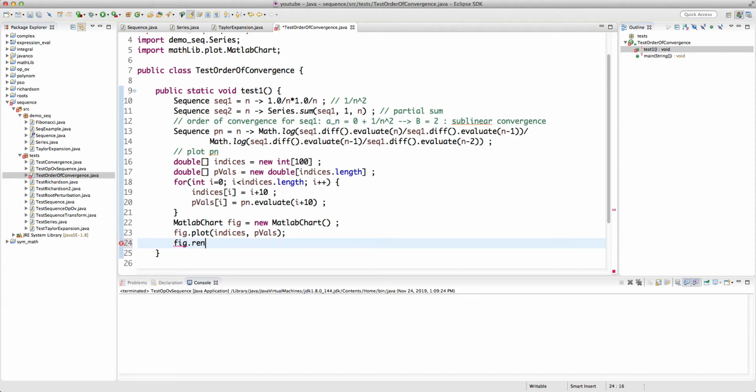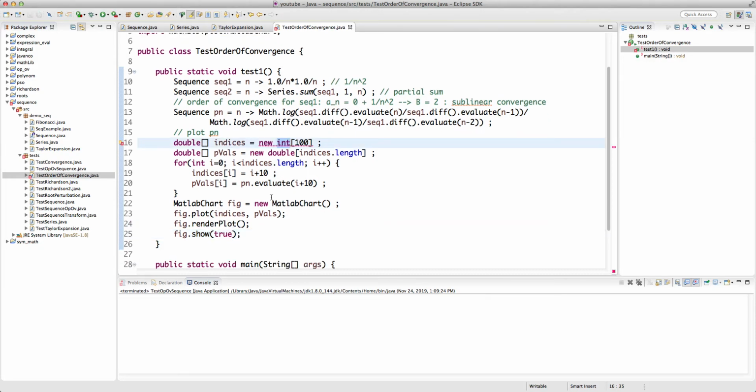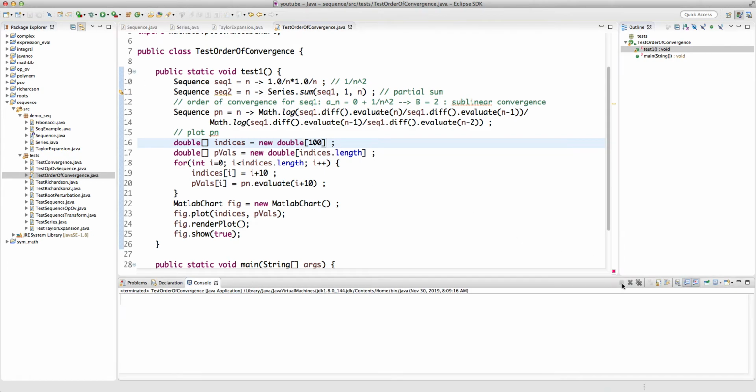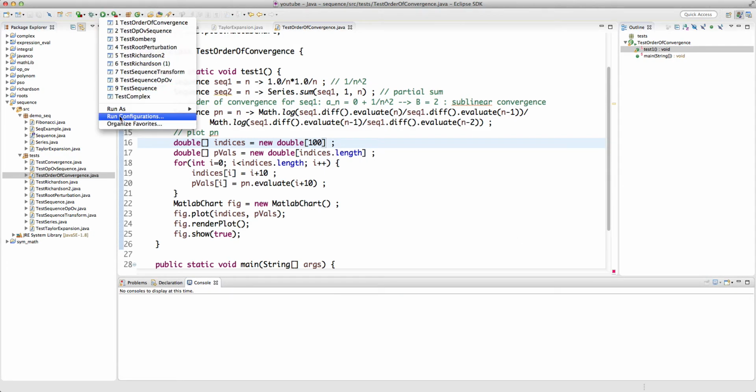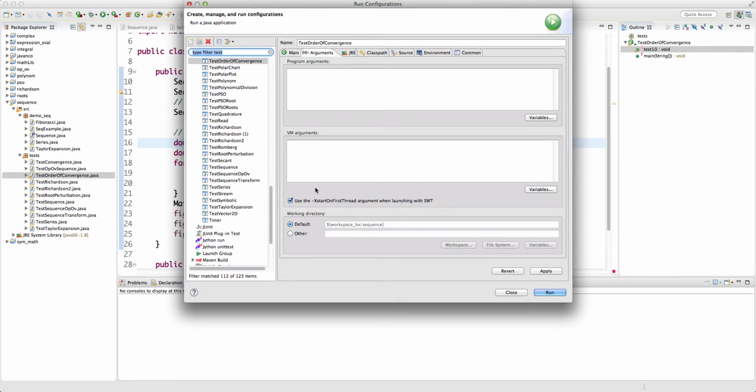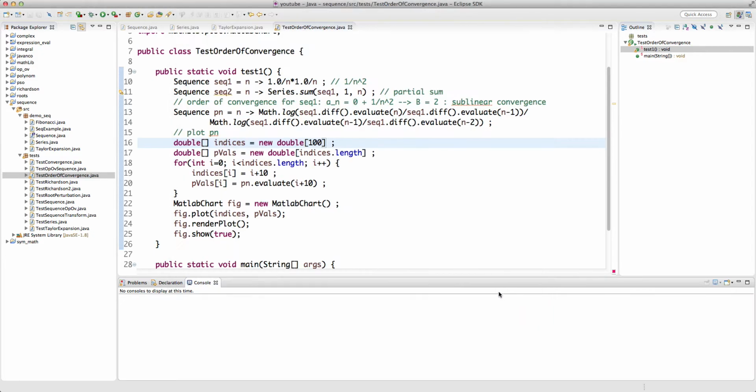Then fig.renderPlot, fig.show. Let's add a boolean flag here. Now I'm on Mac, so I have to go to the run configurations, VM arguments, and remove this check mark.